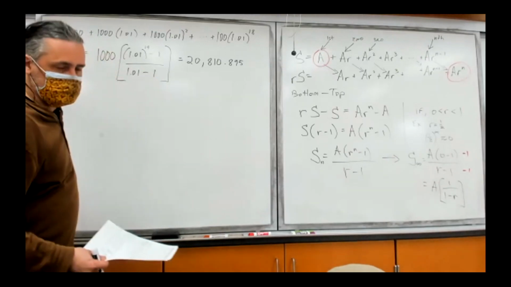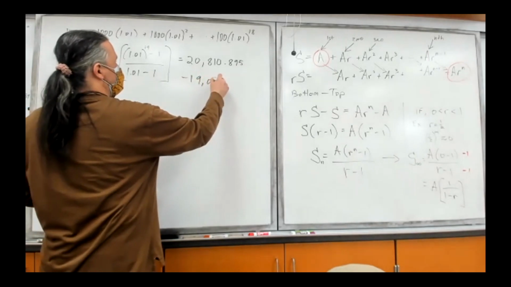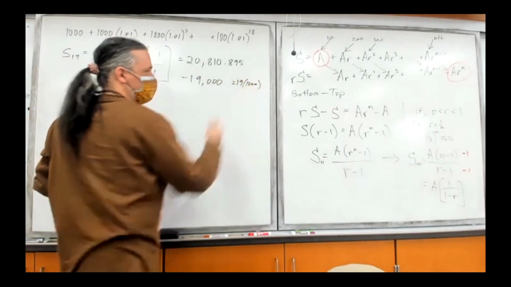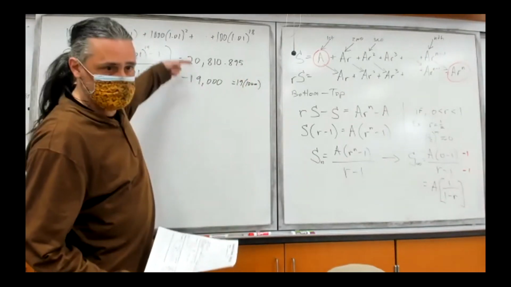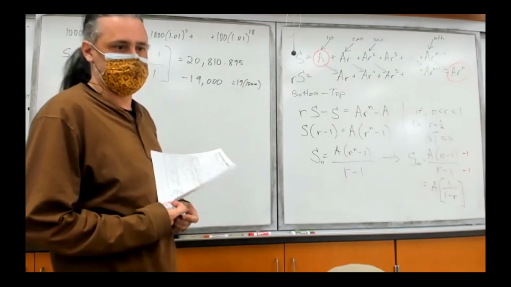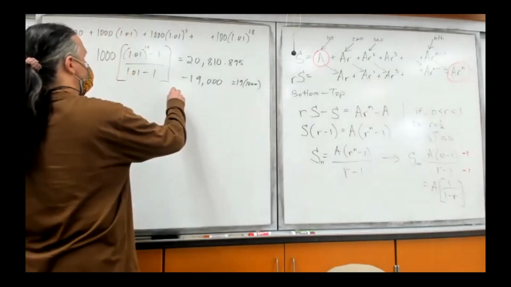I'm sorry, $19,000. So the difference from the $19,000, if we just put the $1,000 under our mattress for 19 months, is due to the interest. Okay, this is called compound interest.